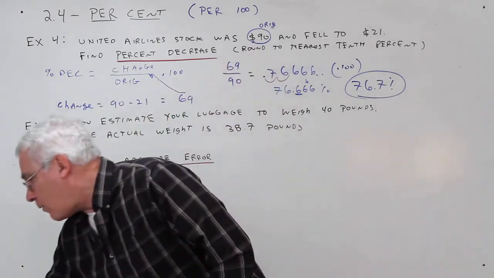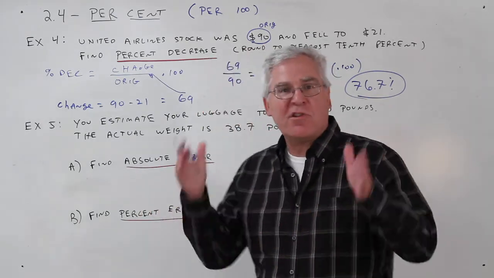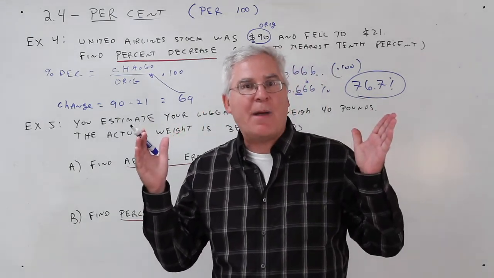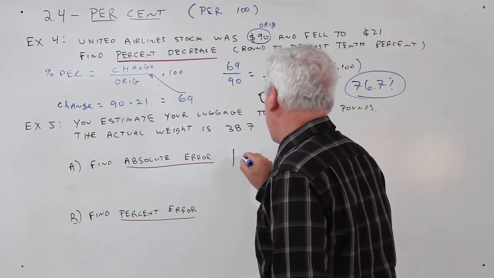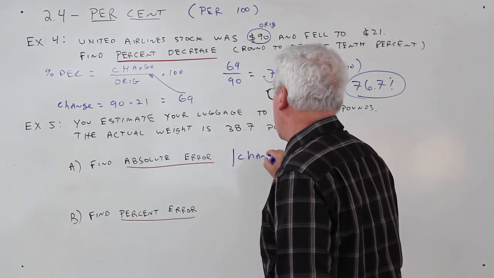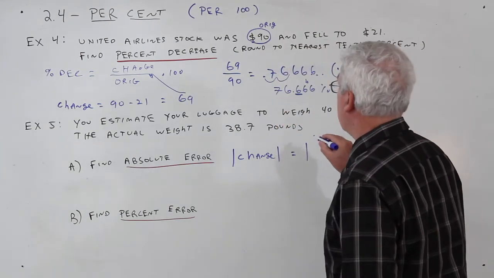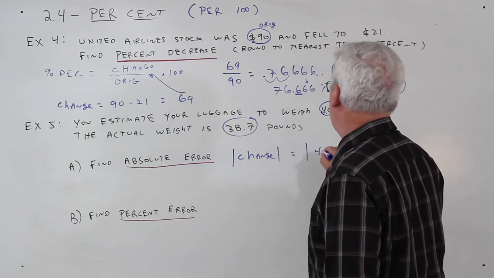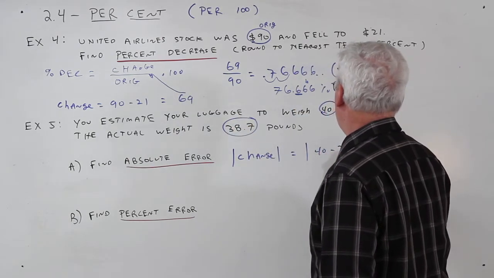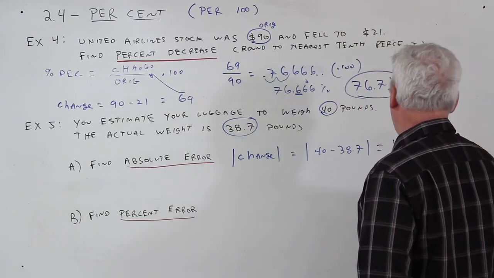For the absolute error, you just subtract, and what I mean by absolute is just report the magnitude, the positive amount. So it's the absolute value of the change: the absolute value of 40 minus 38.7, and that's just 1.3 pounds.